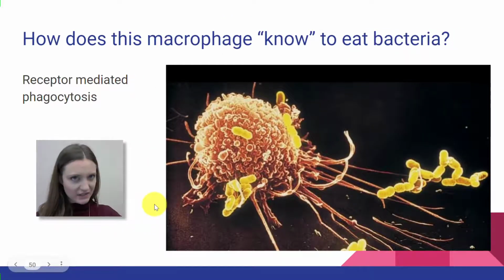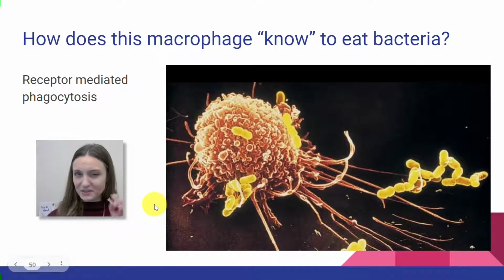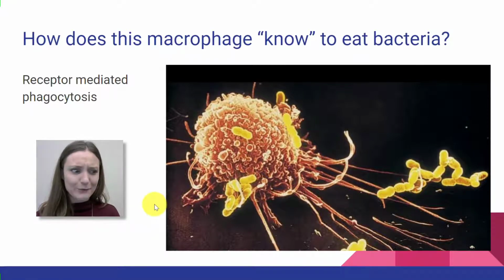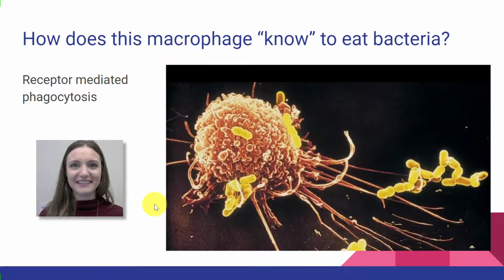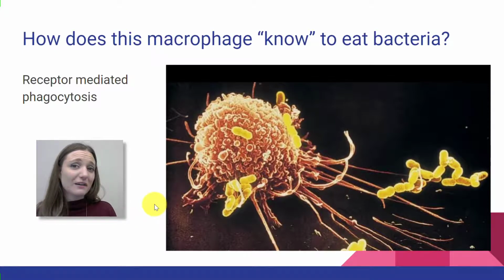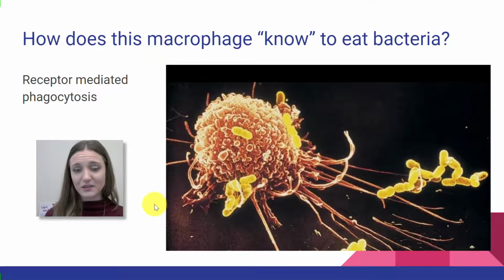So the question is, though, hopefully this question popped in your mind, but like, how does this cell know to eat the bacteria? How does this macrophage know to eat these bacteria, right? How can it tell that it's a bacteria? Well, it's a form of what we call receptor-mediated phagocytosis. Okay, so it's not just going to go around eating everything. If it did that, it would eat all of our cells, and that would just be bad, right? It only needs to eat specific cells.